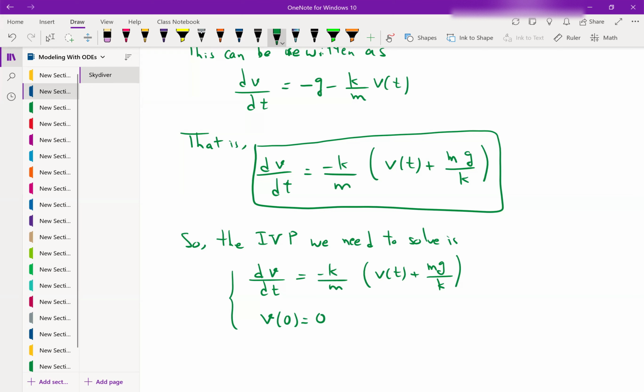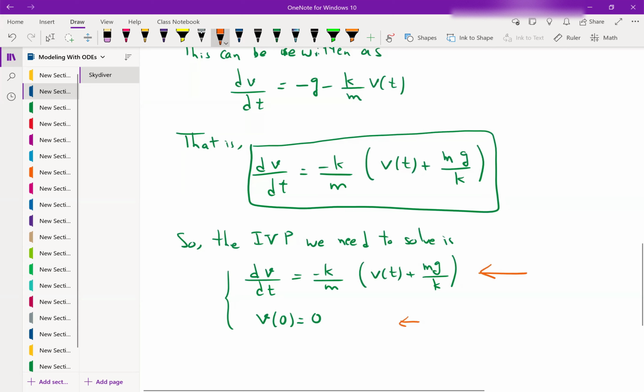Now, as you know, the standard method that we have for dealing with these initial value problems at this stage is to first focus on the differential equation and find all the solutions to it. Your solution will have an arbitrary constant, and then you impose the initial condition. So first find the general solution to the differential equation, and then impose the initial condition.